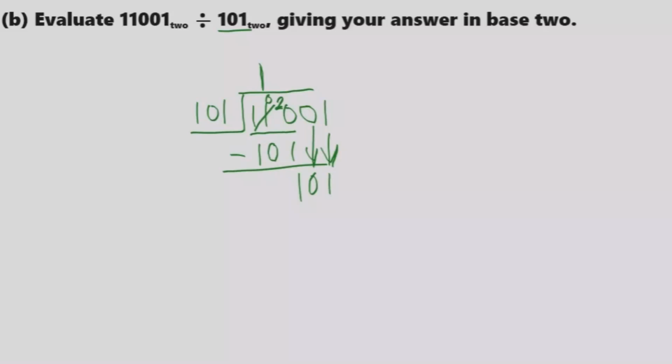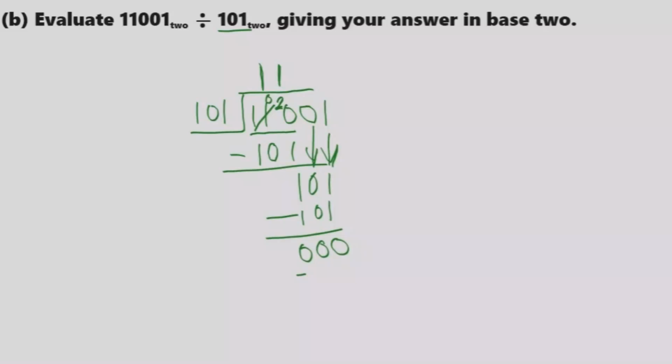Then we say 101 into 101, it will go 1 time. Then we multiply 1 by 101, which gives us 101. Then we find the difference. 1 minus 1 gives us 0. 0 minus 0 gives us 0. 1 minus 1 gives us 0. Now we can see that we have exhausted all the numbers and the difference is 0, which means our calculation has ended.